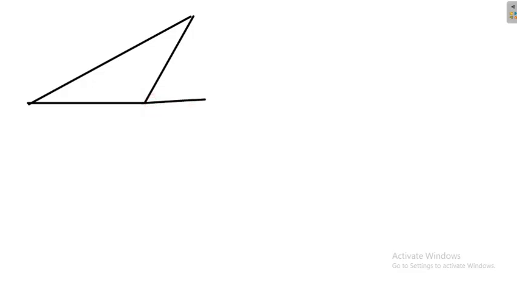We have a triangle, and this angle is x, this measure is 20, this is 30, inside, as we agreed to do.